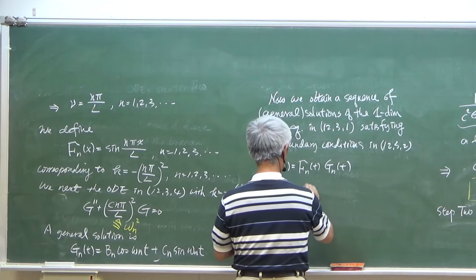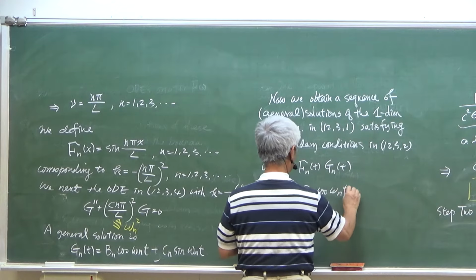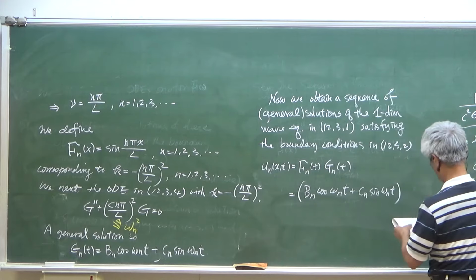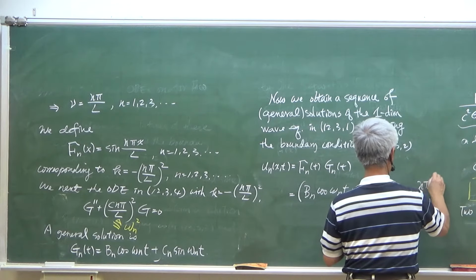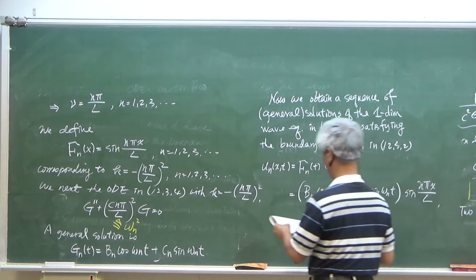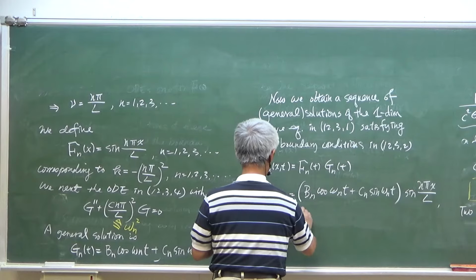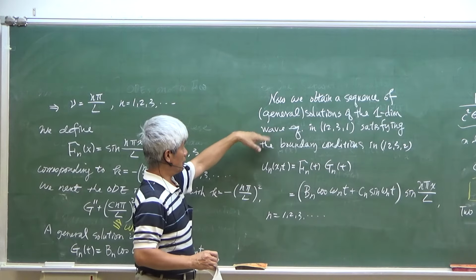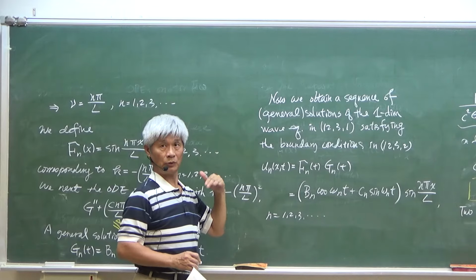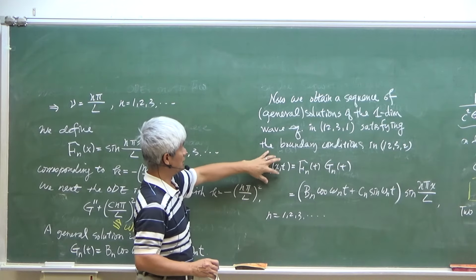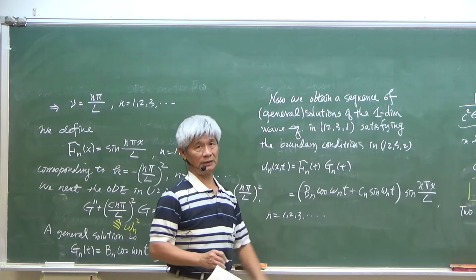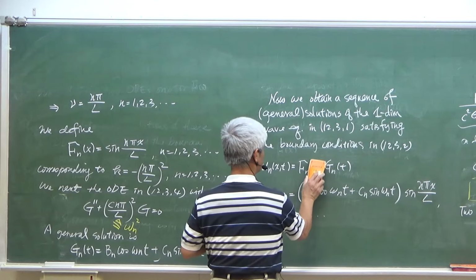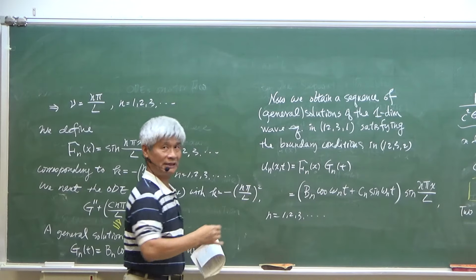So this is equal to B n cosine omega n t plus C n sine omega n t times sine of n pi x divided by L, for n equal to 1, 2, 3, etc. So we have a sequence of solutions of the one-dimensional wave equation, and each solution satisfies the boundary conditions. Oh, I'm sorry, this must be x, not t.